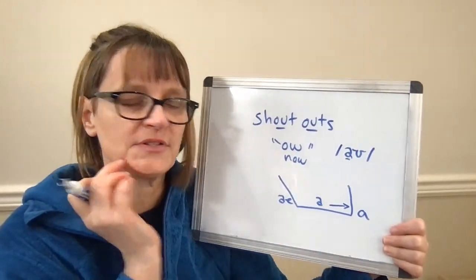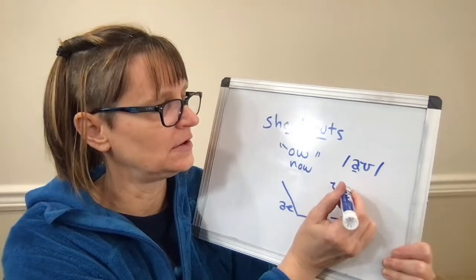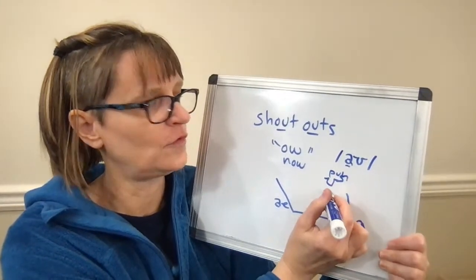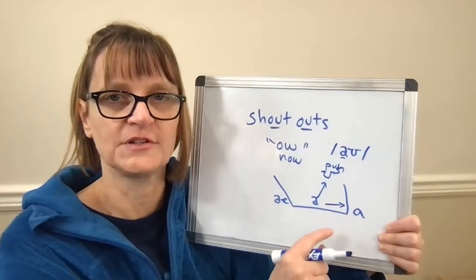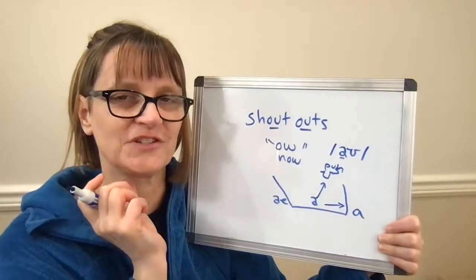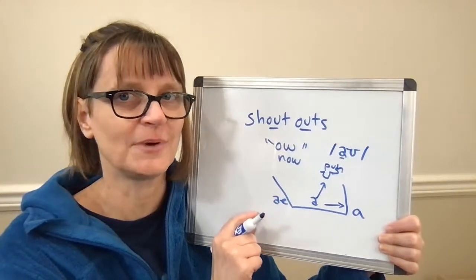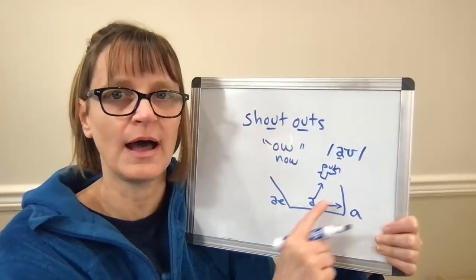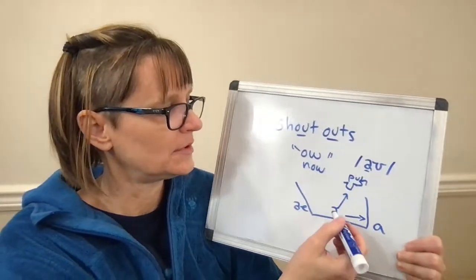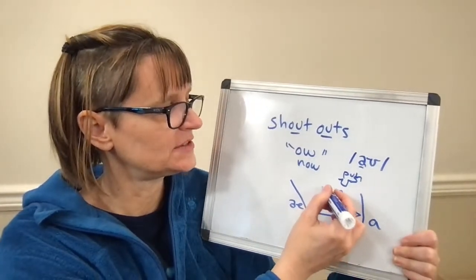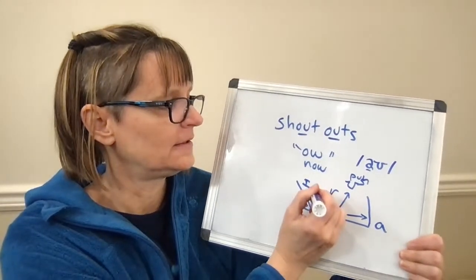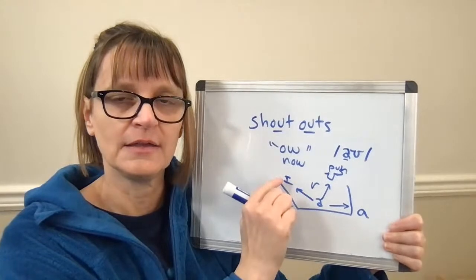But what you'll notice is that when I'm doing that glide for ow, if I start here, oh, it's going to start too far back. So I also don't want ow. It's not way forward, but ow, ow. So this is the same starting place that we have for R and the I diphthongs.